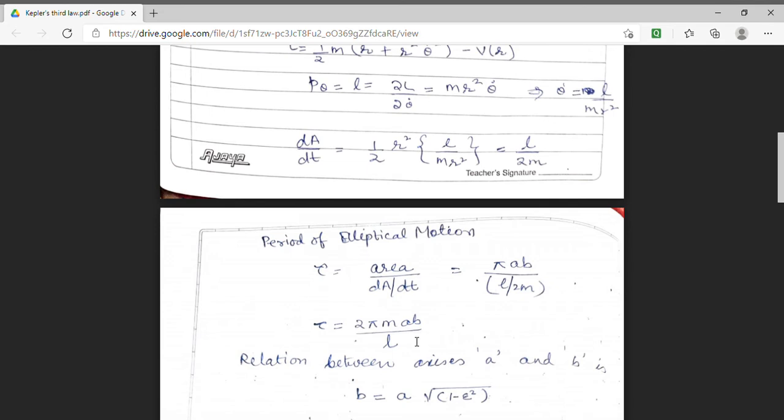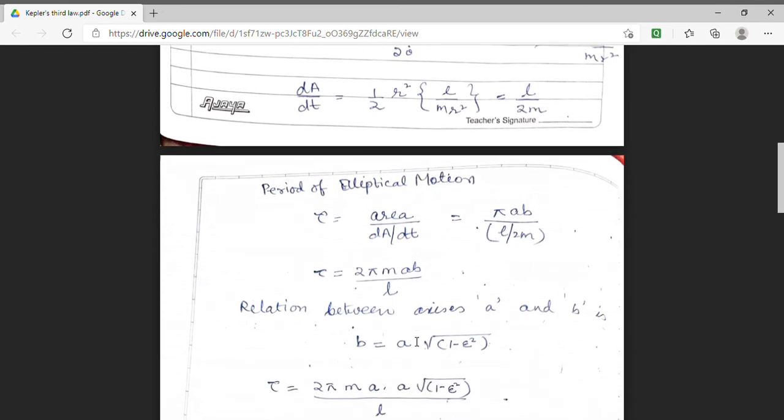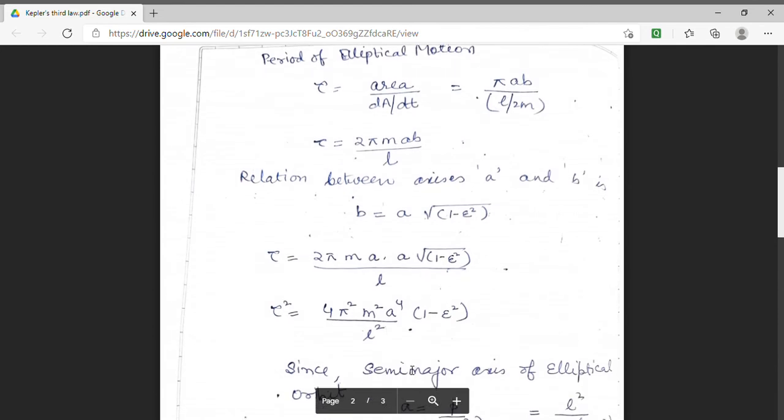We know that the relation between the semi-major and semi-minor axes A and B is B equal to A under root 1 minus epsilon square. So from this I get my time period as 2 pi m A, putting the value of B, A under root 1 minus epsilon square, divided by l. In order to simplify it, I am taking square on both sides.